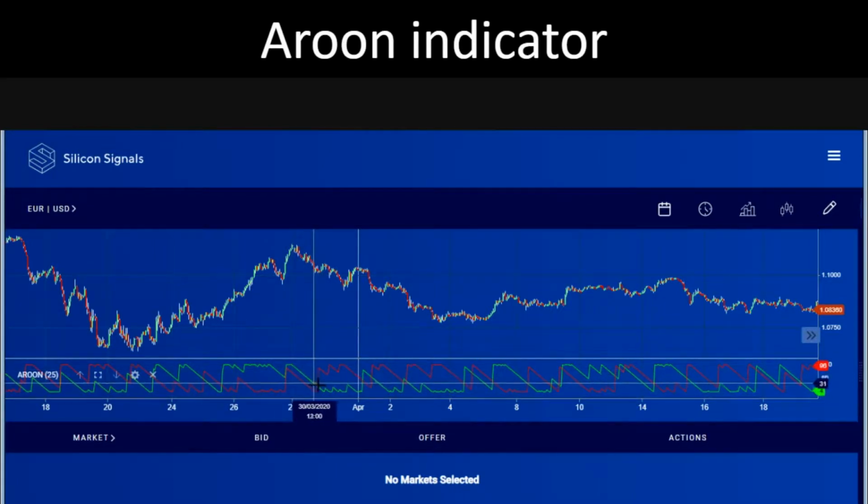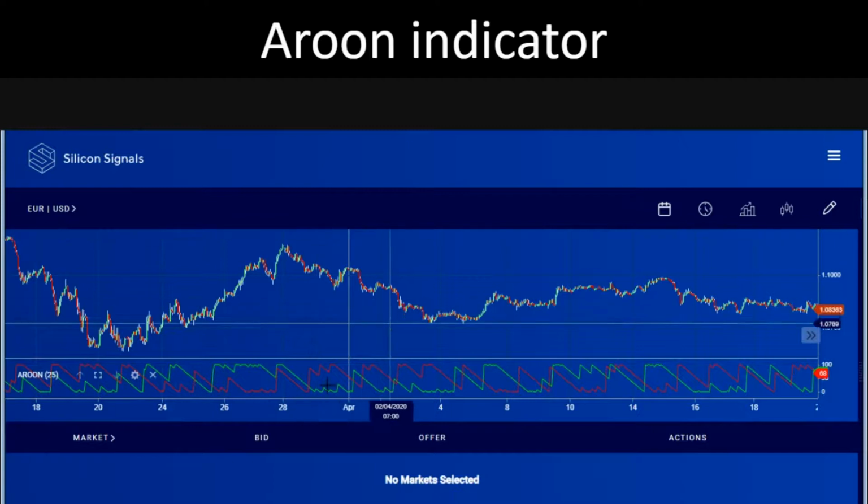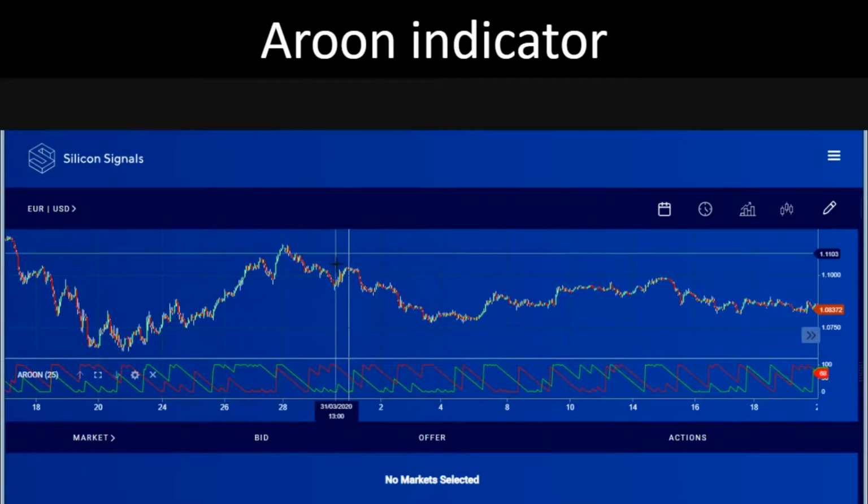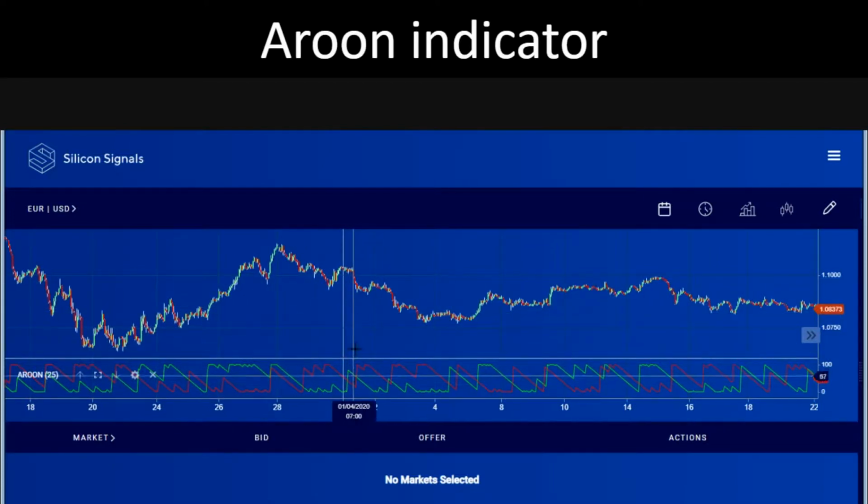The Aroon down breaks above the Aroon up, and the Aroon up moves towards the lower end of the indicator while the downtrend continues. We do have a blip here with a spike higher and a spike lower, and you see a bit of confusion in the indicator, but eventually as the trend continues down, the Aroon down line hugs the top of the indicator. So that's how it works.